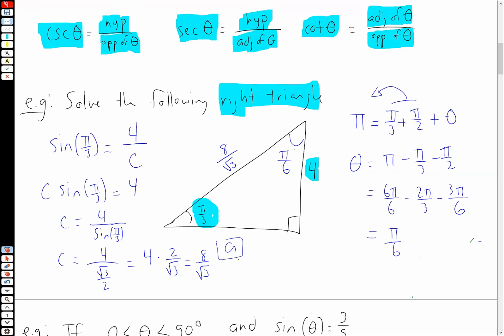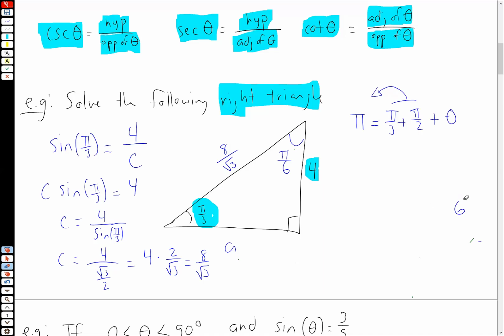The last thing we have to figure out is, what is A? Again, there's a bunch of ways you can do this. You can use the Pythagorean theorem if you want. We're actually going to use SOHCAHTOA again, but let's use cosine. I'm going to erase this work over here because I'm running out of room.